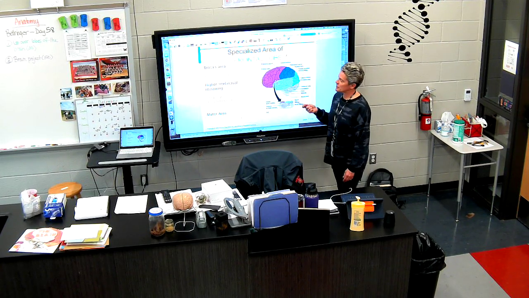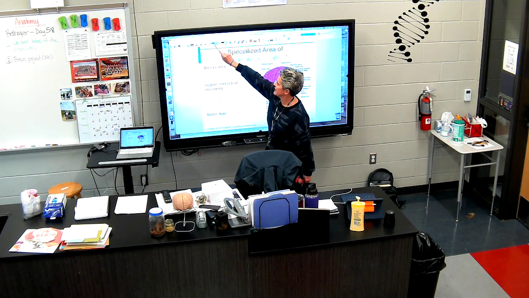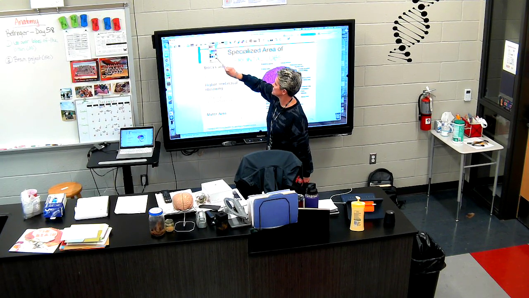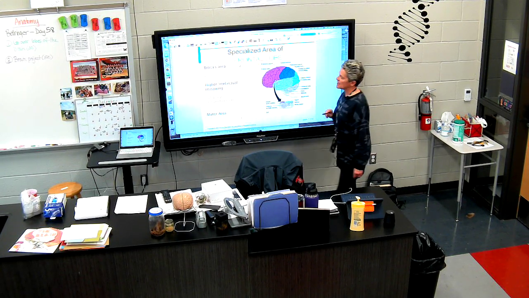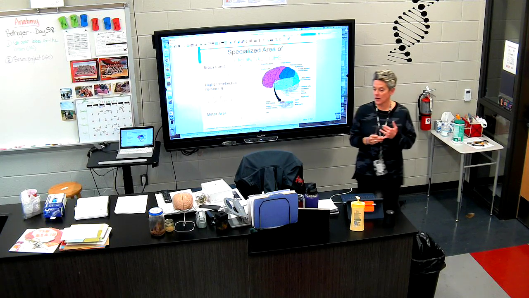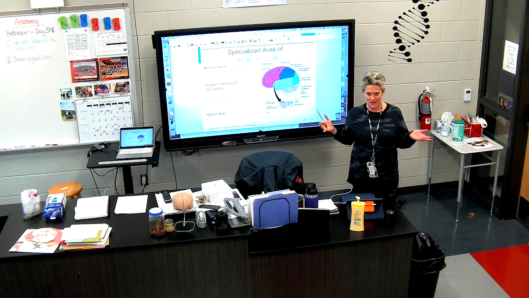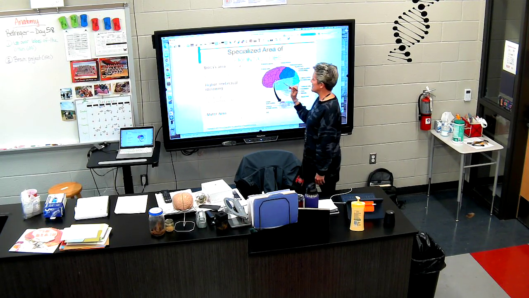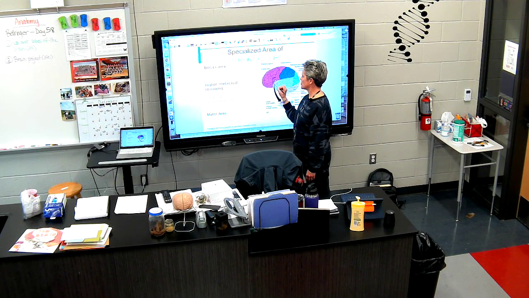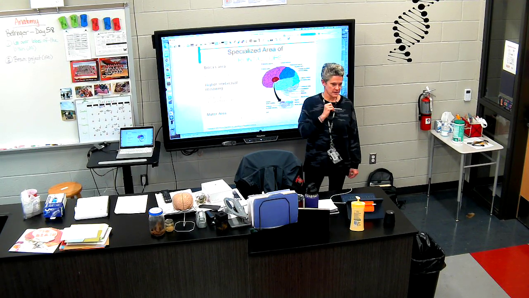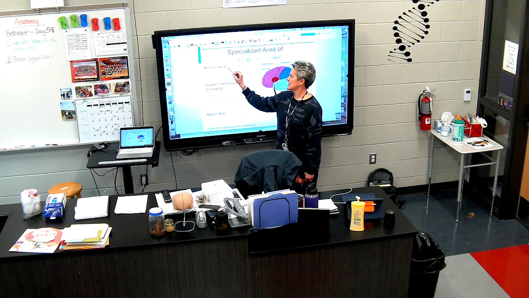All right, so the first part here is the Broca's area, and I will do these in the same color that the words are in. The Broca's area is actually named for somebody that discovered it. It is found in the lower portion of the frontal lobe, like right here above the temporal lobe. So I'll put a circle where the Broca's area is, and I'm going to add it up here.